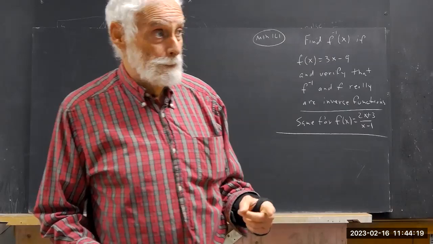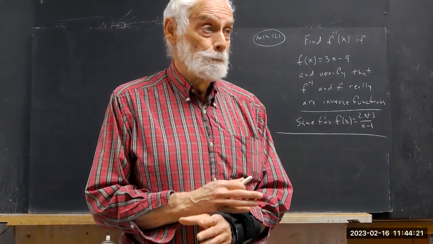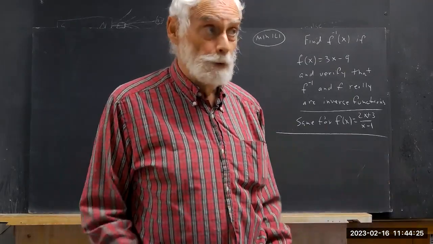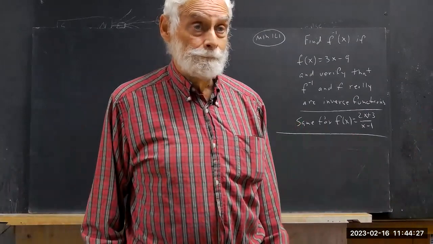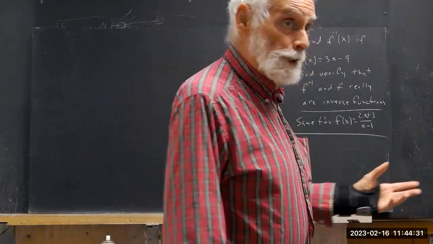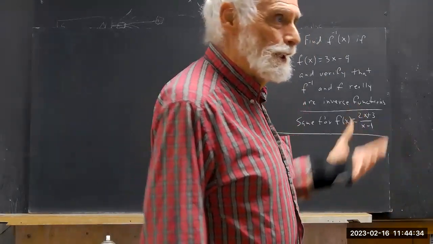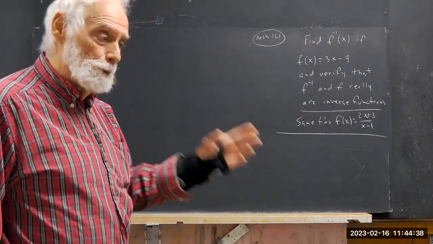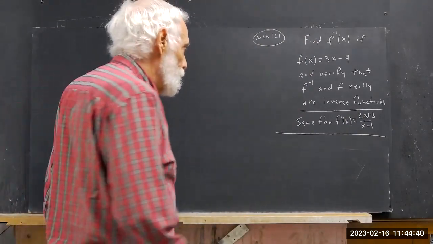You're switching X and Y. Now you do it with graphs, that's really easy. If you've got a table, you can switch the columns and draw the curves. Nobody has trouble with that. I think we've nailed that one, and we're doing well with that aspect.